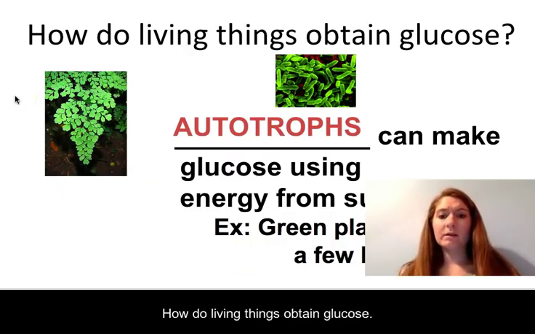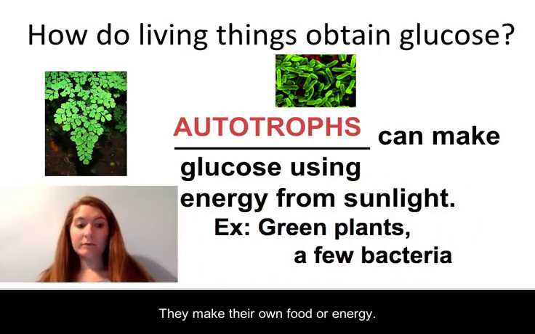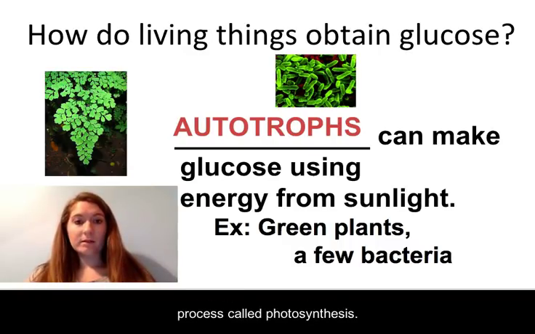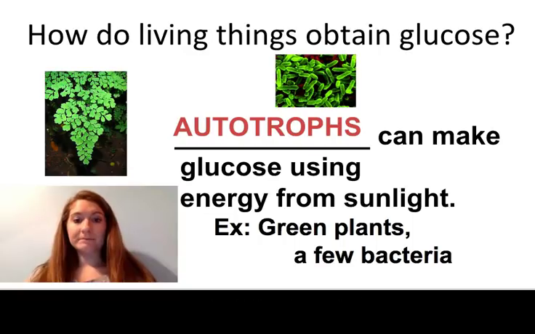How do living things obtain glucose? So autotrophs, they make their own food or energy from sunlight. So they will make glucose through a process called photosynthesis from sunlight. An example of autotrophs would be plants and a couple bacteria.